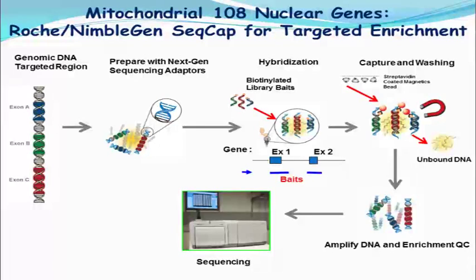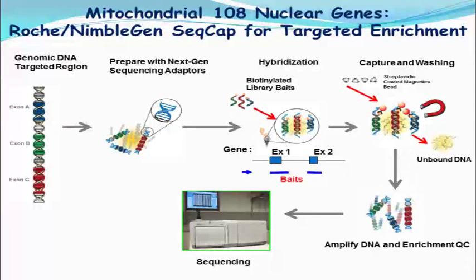In the hybridization stage, you have the library baits. All of the baits have sequences complementary to all of the exons of the 108 nuclear genes. The baits hybridize to the complementary DNA sequence, and the baits are biotin labeled.